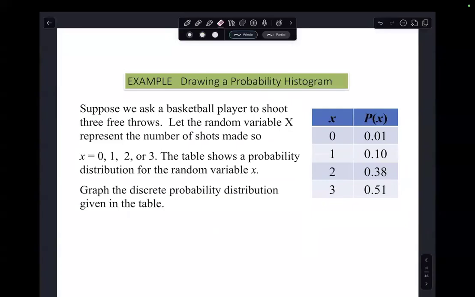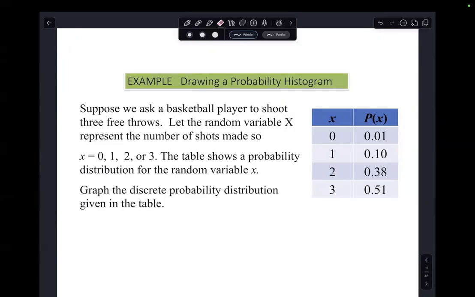All right. So suppose we took a basketball player and we wanted him to shoot 3 free throws a whole bunch of times. So we just had him over and over and over again trying to shoot 3 free throws. Say 3 free throws 10 times fast. It's not easy. Okay. So based on the outcome of this person, this is our probability distribution.